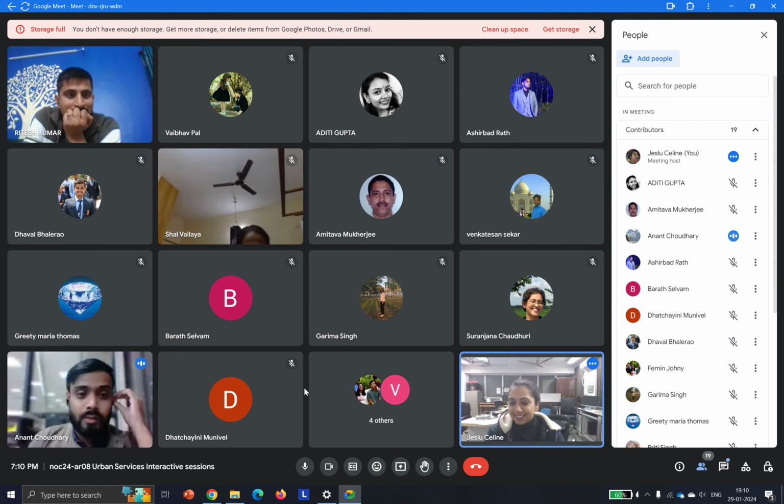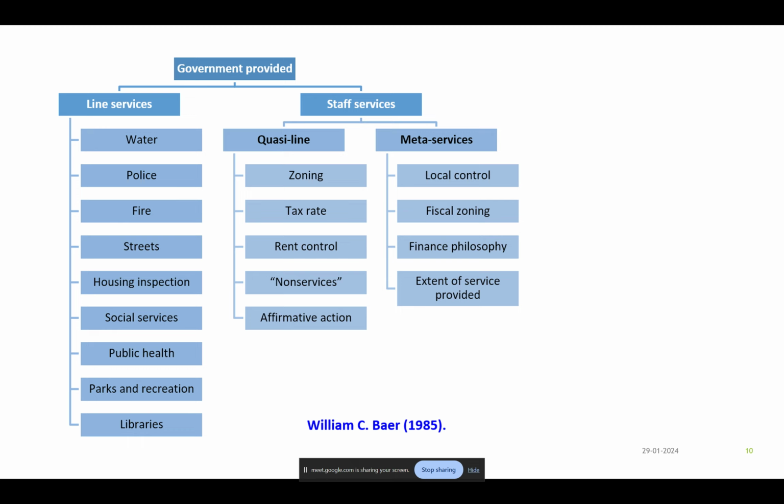Then we have quasi-line service and meta service. If you observe in quasi-line service, there is some amount of physical boundary on the surface, or based on spatial planning there is some boundary, a quasi line, which means for this region this service is going to be this way.